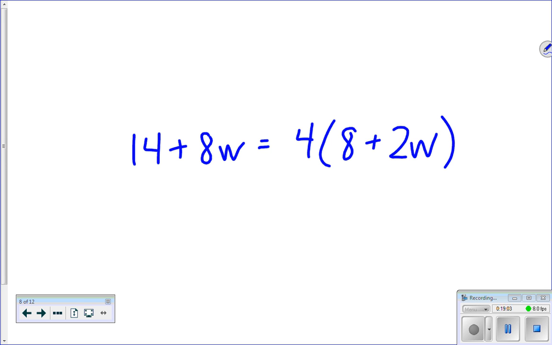The big thing is it's really important to get it distributed correctly, because if you don't do that in the beginning, you're going to be in trouble in the rest.